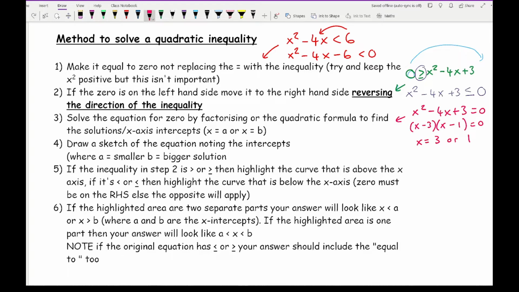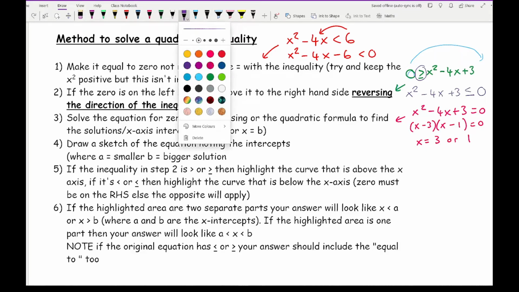For step 4, what we then want to do is sketch the graph. For this, I know it's going to be a positive parabola because I've got a positive x squared, and it's going to look something like this. Actually, to be honest, I wouldn't even do my sketch like that. Let's make this pen a little bit thicker.